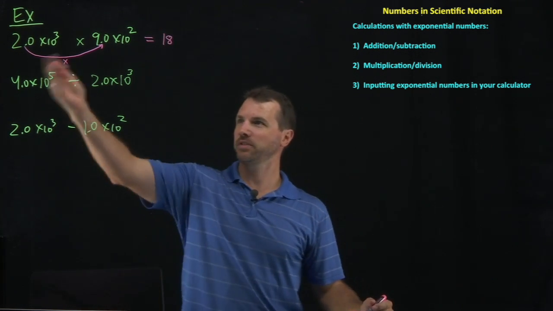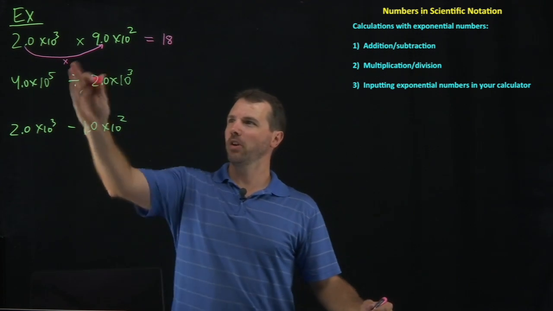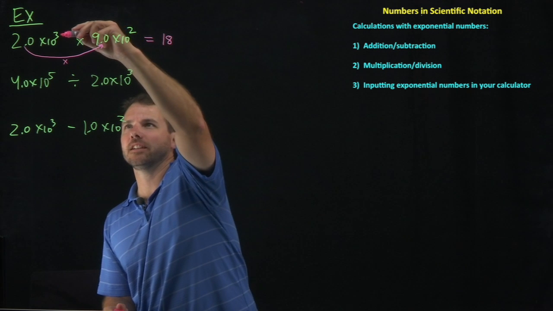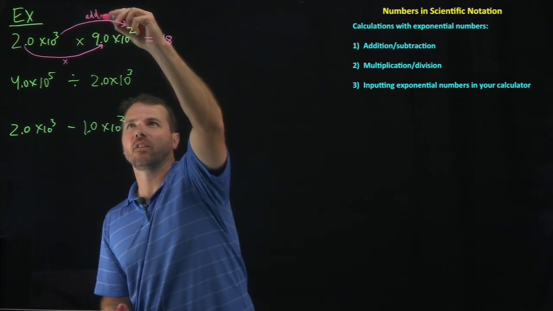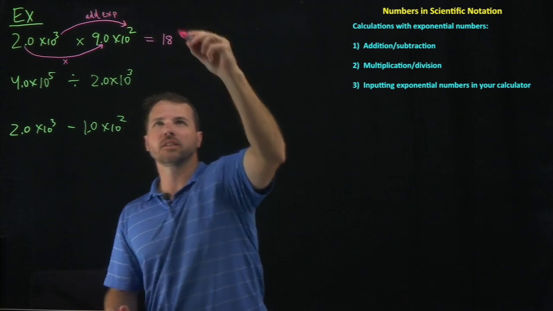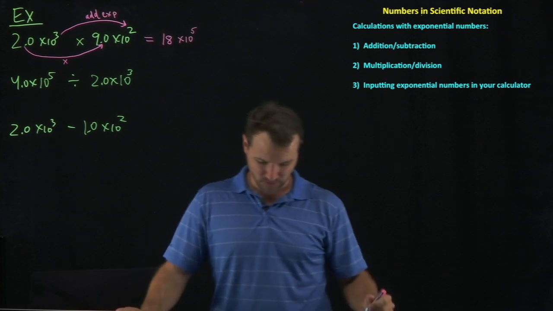And of course, if we have 2 sig figs in each number, we should have 2 sig figs in that answer. And then when you multiply, you're going to add the exponents. So that would be 18 times 10 to the 5th as your answer.